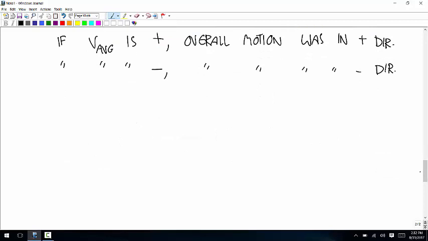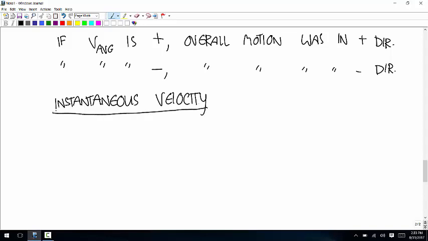Okay, so now I'm going to use this idea of average velocity to define an instantaneous velocity, and that's the one that we care about. So for the instantaneous velocity, choose a single instant t.